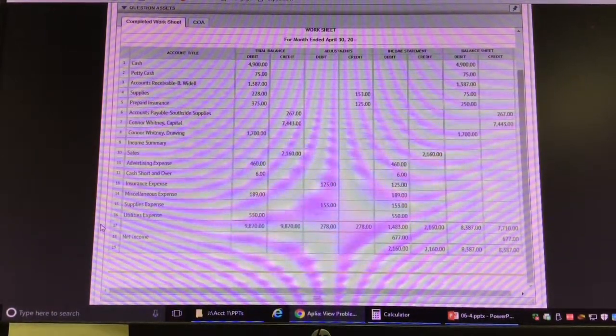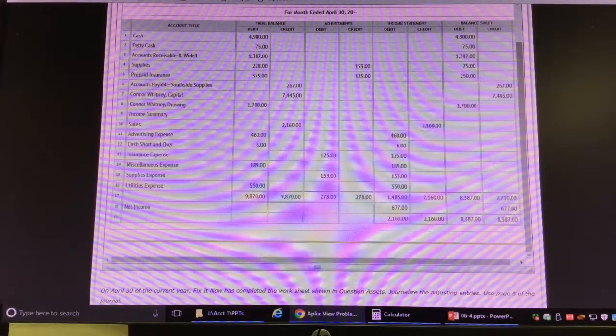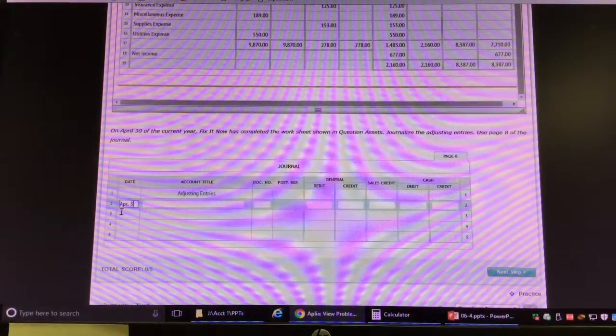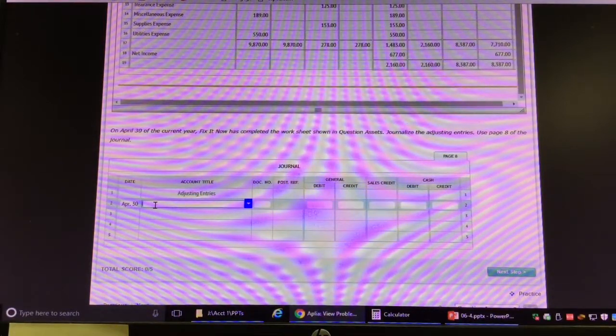The first one that we're going to do is our supplies. Our journal entries are going to be for the same date. It's the end of the month, April 30th. I already have the title, adjusting entries. So April 30th. Remember that the expense goes first.